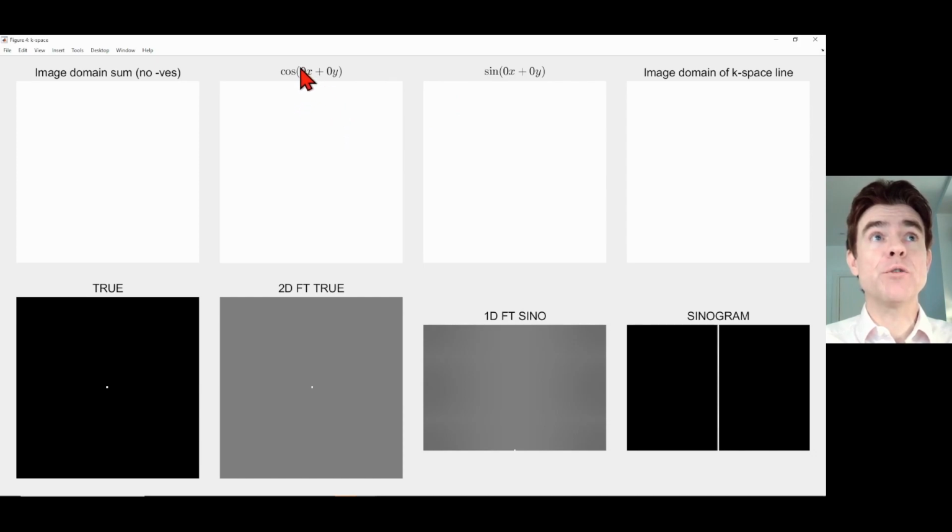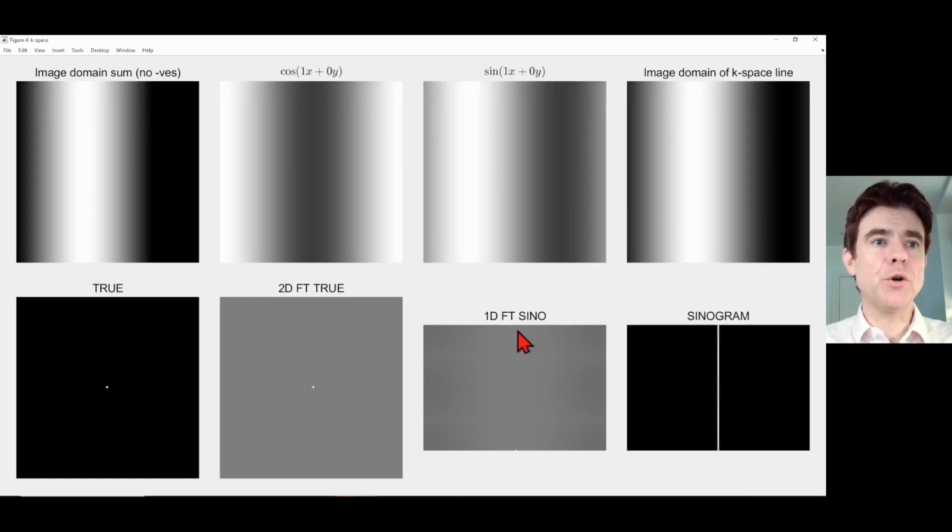When kx and ky are equal to 0, cos is just 1, sine is 0, we just have a flat function only. And what I'm doing here is showing the Fourier synthesis, in other words, the inverse Fourier transform of just a center point in k-space gives a flat function. Okay, and I'm also showing that the center of k-space corresponds also to the center of this k-space line, which is found by the 1D Fourier transform of a given row of the sinogram. So let's move on to make this clearer as we go.